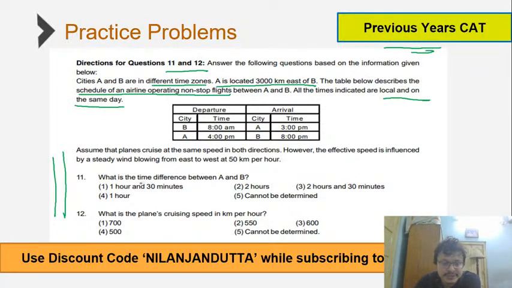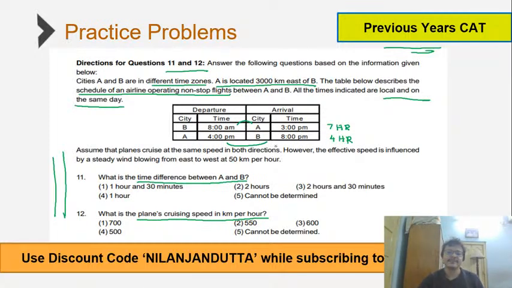So the questions are two things. What is the time difference between A and B, because they are in different time zones? The second is, what is the plane's cruising speed in kilometers per hour? The interesting part is, if I look here, B to A ended up taking 8 to 3 p.m. That is 7 hours, which includes the time zone effect, because one of the time zones is in city B, the other is in city A. Whereas the other one, 4 to 8, that was only a 4-hour exercise.